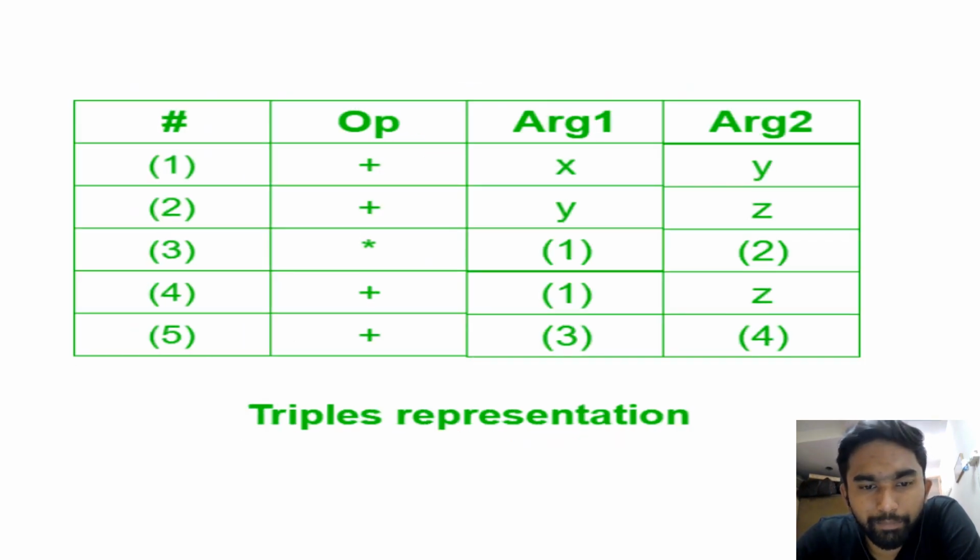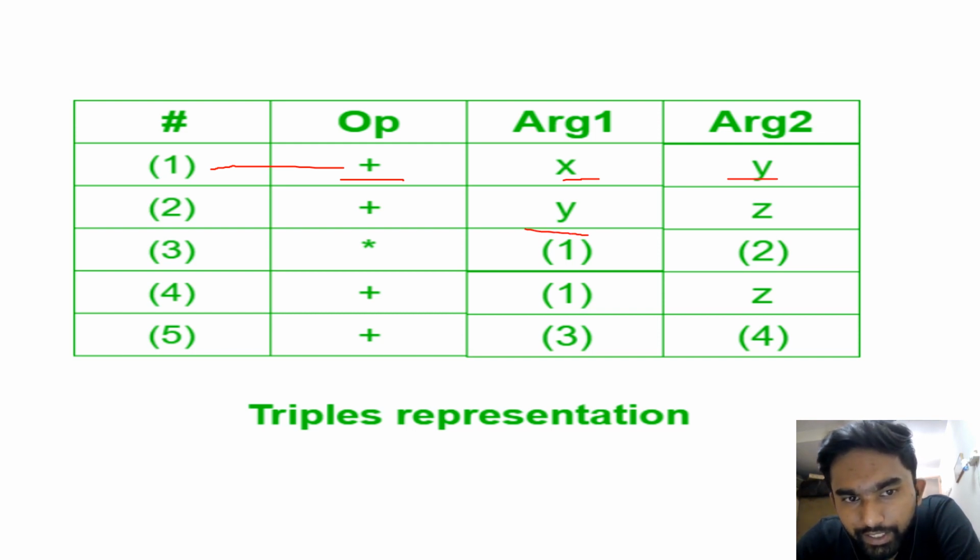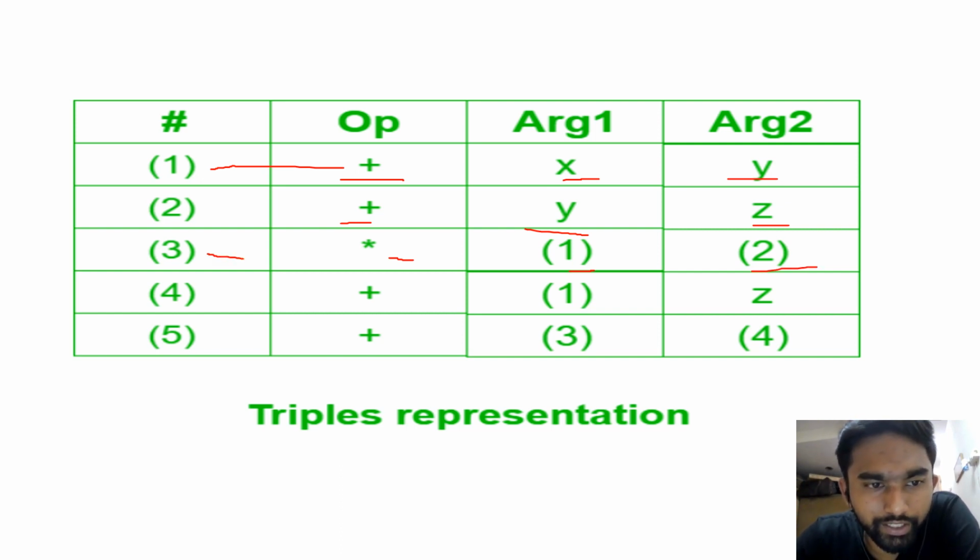Now we will see the triple representation of the same question. x plus y points to pointer 1. Now y plus z, and that value points to pointer 2. And now whatever value points to pointer 1 into whatever value points to pointer 2, and that value points to pointer 3.